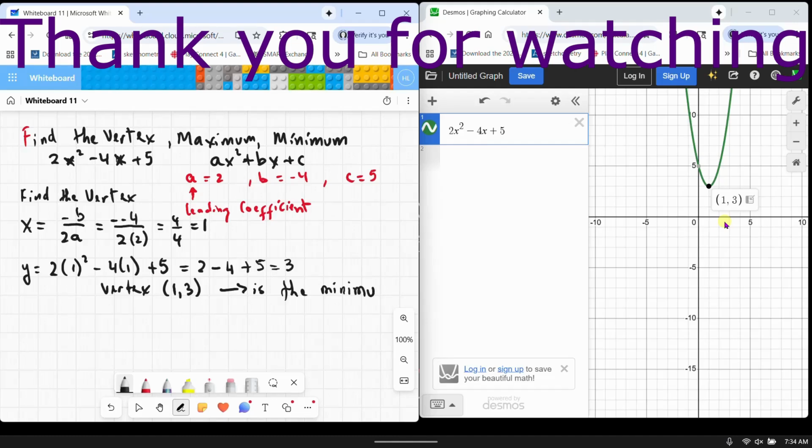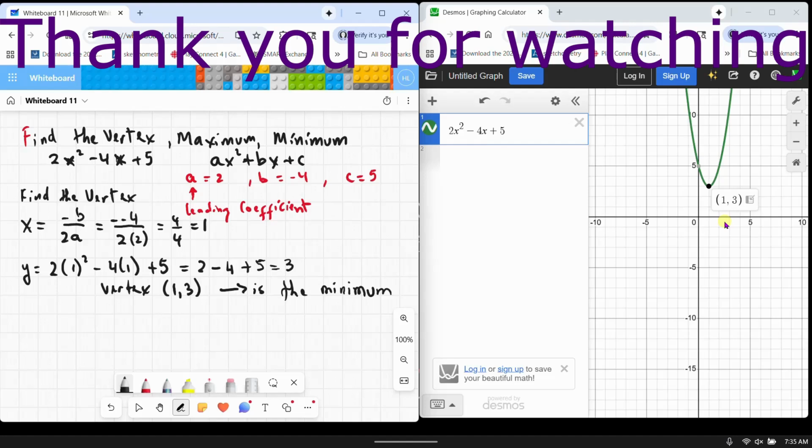It's the minimum because the minimum is the lowest point on the graph. If we have the U upside down, the vertex is going to be the maximum. I'm going to show you an example with the maximum at the end.